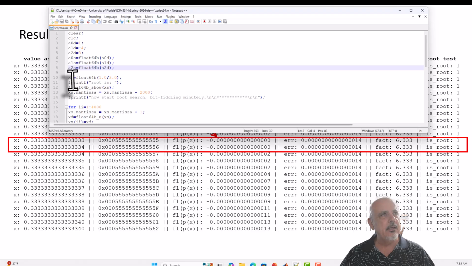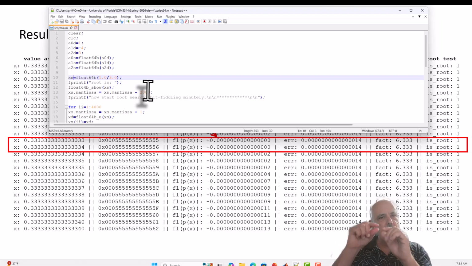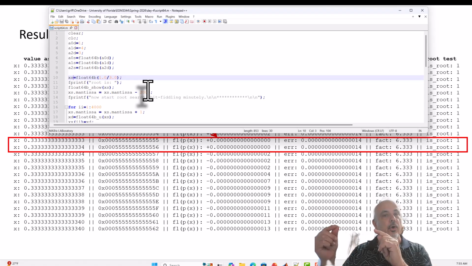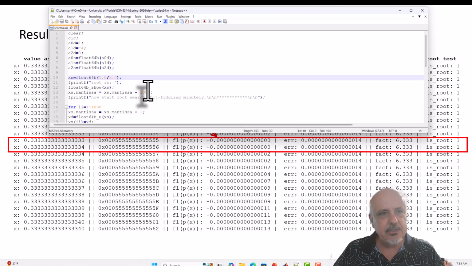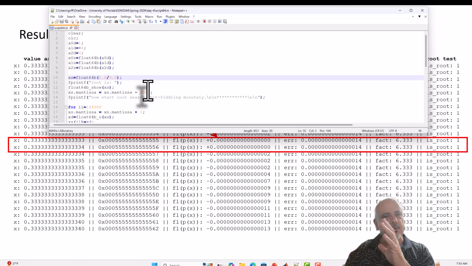Then I wanted to find about where to start. A little bit clunky here in my description, but I gave myself a structure representing that 1/3. Remember that has all the 5s in the mantissa, but I wanted to start there, and it will print out what the root is.